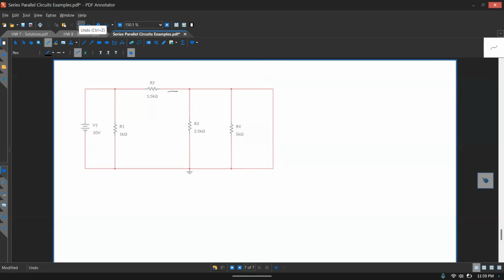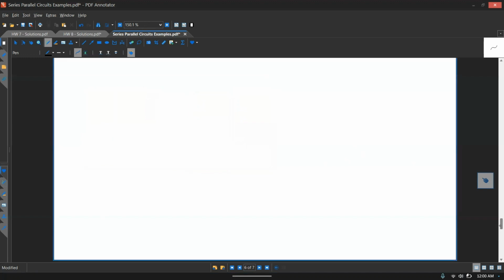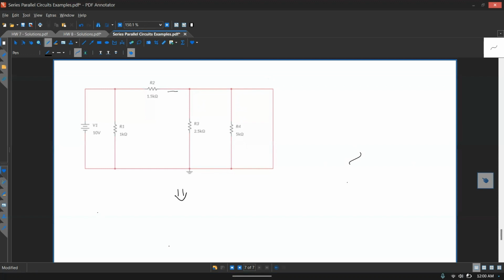So really what we can do is redraw this circuit down here, since we know that. Essentially the circuit is going to look like this right here.